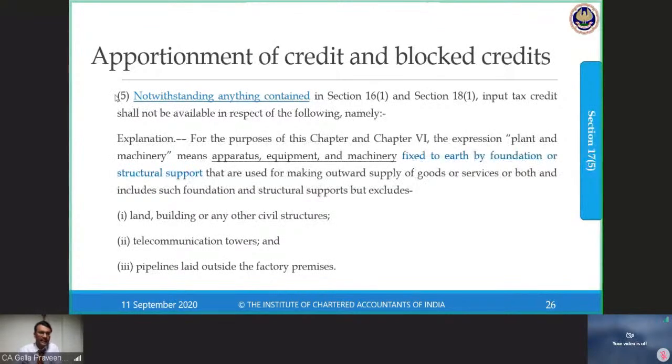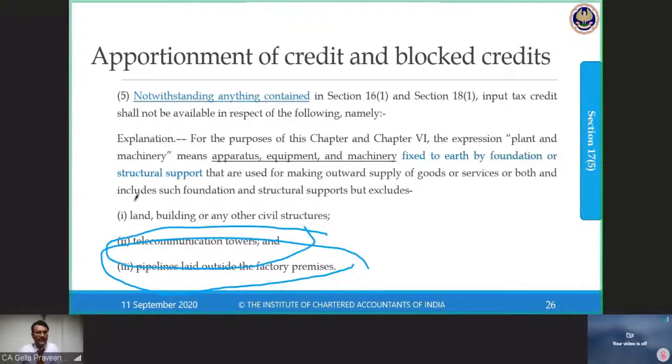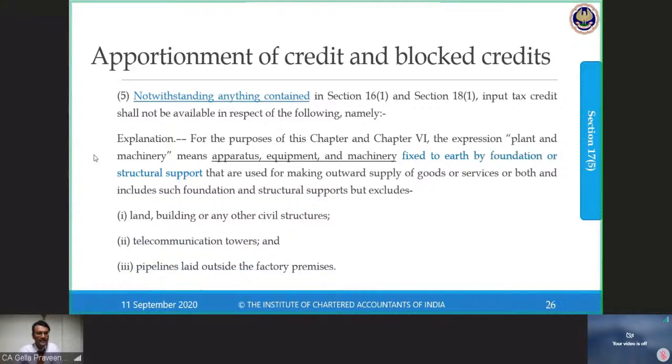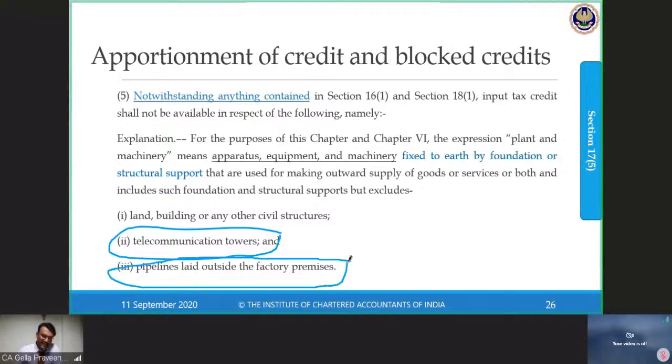17.5. They can ask you, examine the eligibility of input tax credit in relation to telecommunication, in relation to pipelines laid outside the factory. So the answer would be, if I have used something for telecommunication towers, they say it is not a plant and machinery, it is a building, civil structure, ITC is not available.